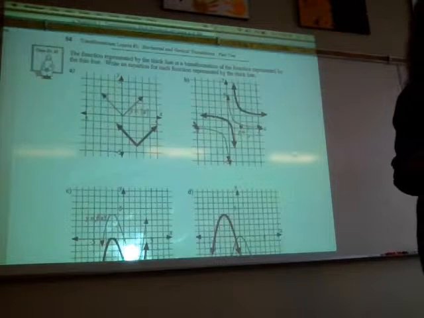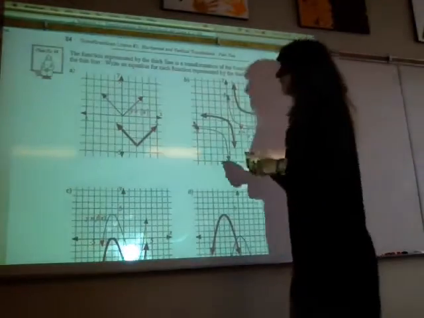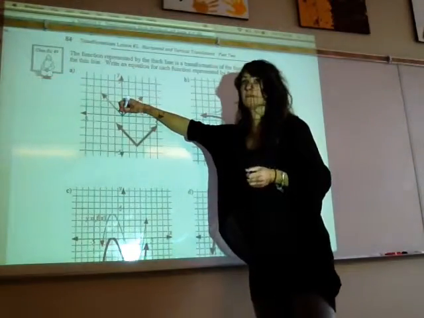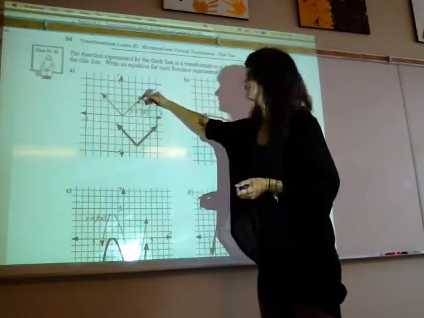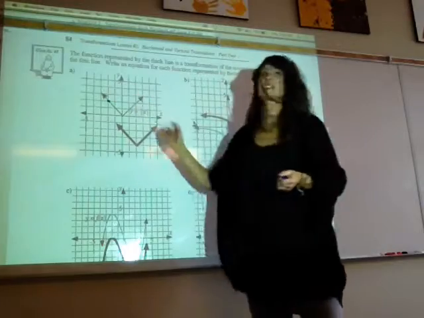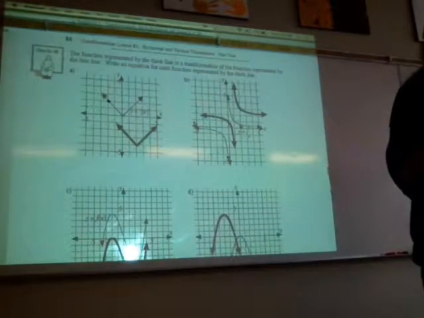Whoa, one at a time. Emily. You just see where the point goes, so it moves right 2. Okay, did you pick the vertex? No, I picked the top corner, the top left. Okay, so basically you can pick any point you want on the graph and then you just move it.